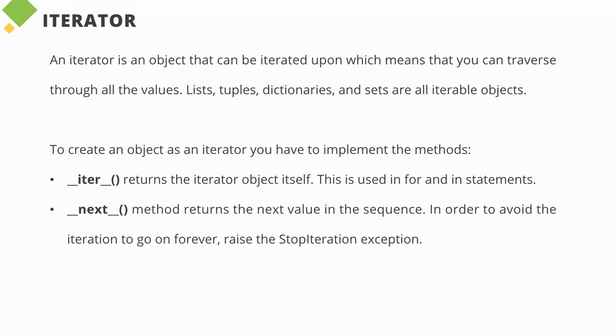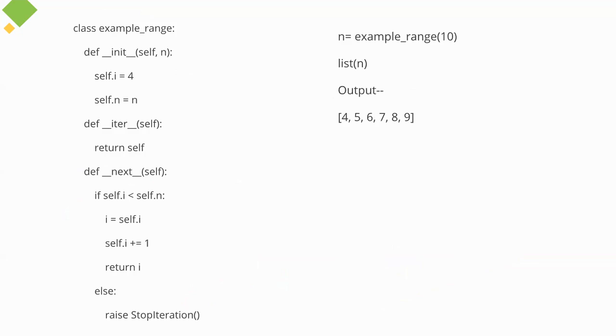Moving on to next. If you go with the def init here, self.i equals 4. Here, this program, as you see, generates an iteration from the value n. If you see here, I'm giving n as 10.